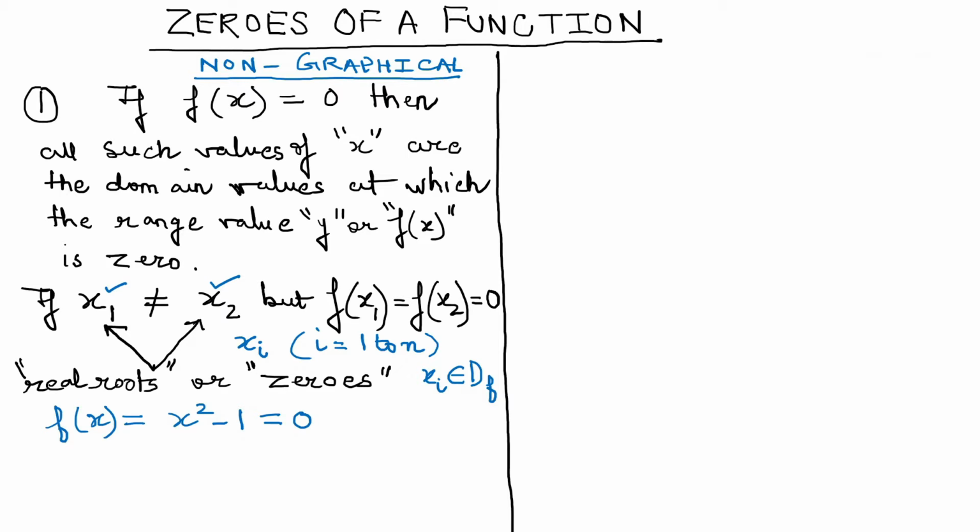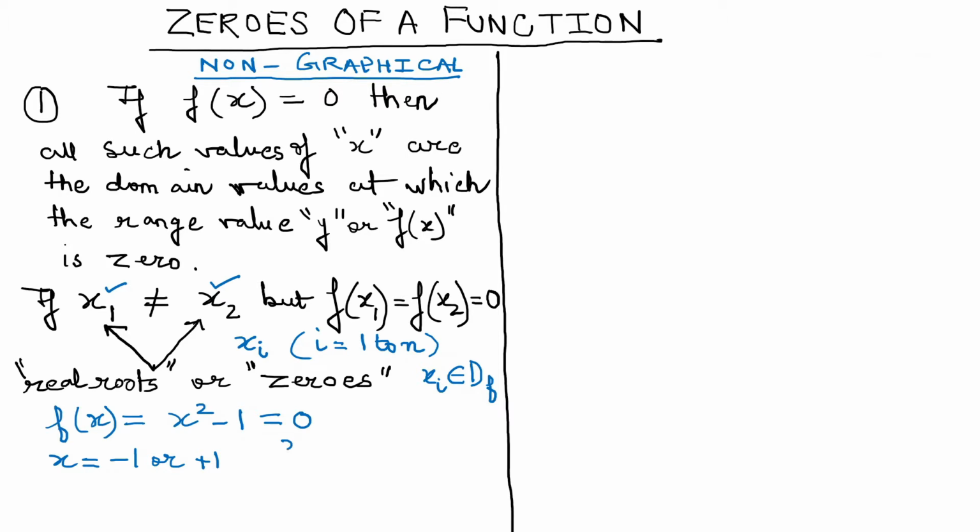When I equate the function f(x) to 0, which is just like limiting the domain. Limiting the domain with the help of a fixed range, and the range is fixed to be 0. So that is how you are limiting the domain, by making the range fixed at 0, which is a whole number 0.